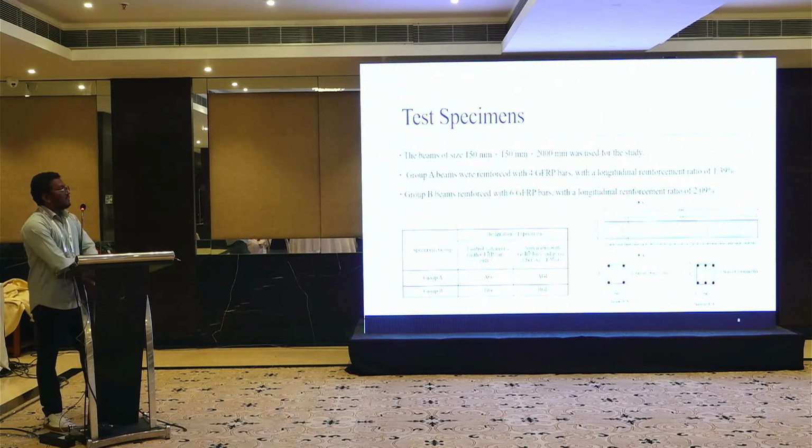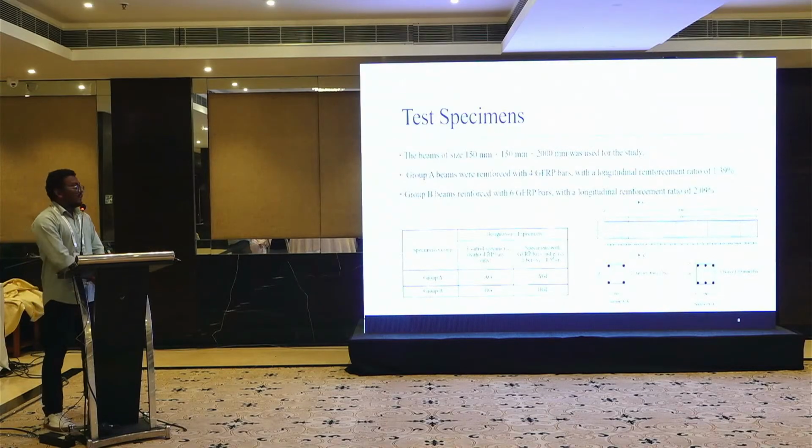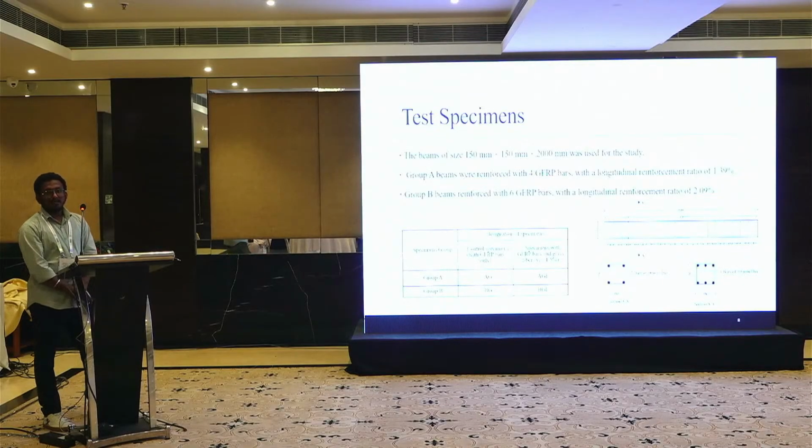Test specimen beams of size 150 mm by 150 mm by 2000 mm were used for the study. We used 4 beams categorized into 2 groups based on the percentage reinforcement of GFRP. In both groups, beams AG and BG have been reinforced with GFRP bars only, while beams AGF and BGF have been reinforced with GFRP bars along with glass fibers of 1.5% volume fraction of concrete.